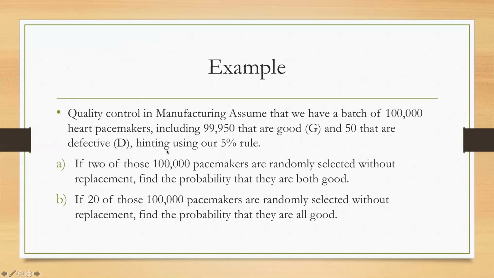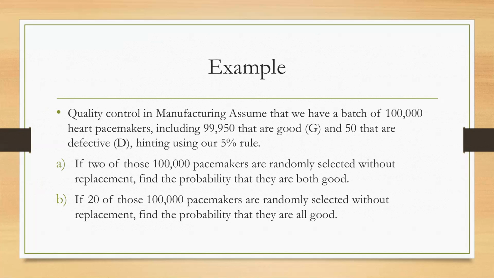Here's one where the cumbersome calculation might be useful. In quality control and manufacturing, assume a batch of 100,000 heart pacemakers, including 99,950 that are good and 50 that are defective. Hinting at using our 5% rule, we're going to do this calculation. 2 of those 100,000 pacemakers are randomly selected without replacement.